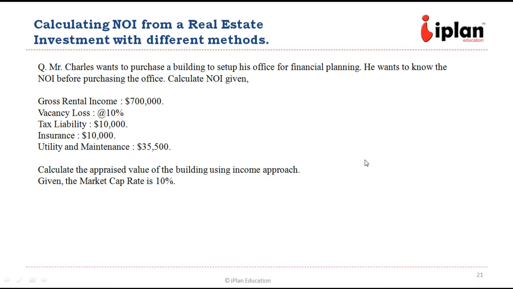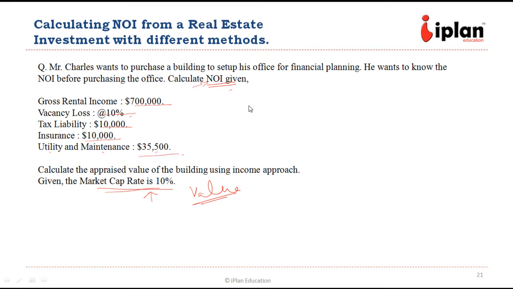Let us take another example. Again, we have to value the property based on net operating income and market cap rate. So we need to first calculate the net operating income, and based on the market cap rate, we can find out the value of the property. So gross rental income is given, vacancy loss is given, tax liability and insurance costs are given, utility and maintenance cost is given.